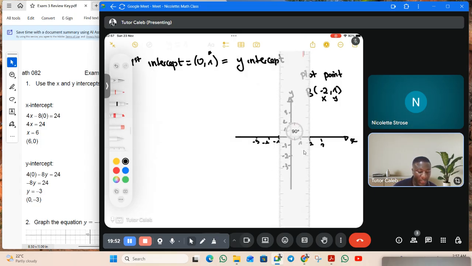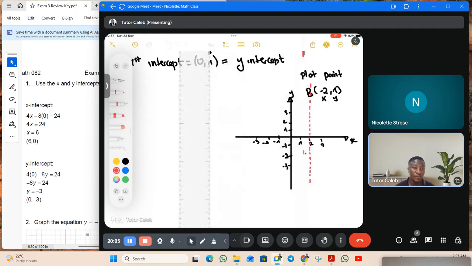I will go on the x-axis where I get 2, and I'll draw a straight line on 2, so that it goes to a vertical line on 2. That's it. Now, how do I plot the y coordinate?